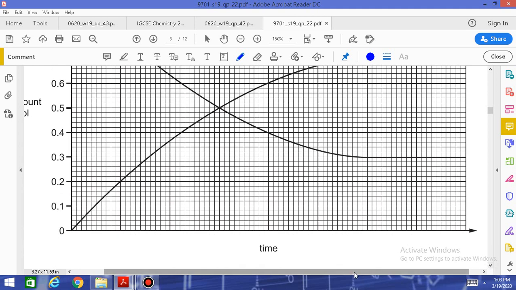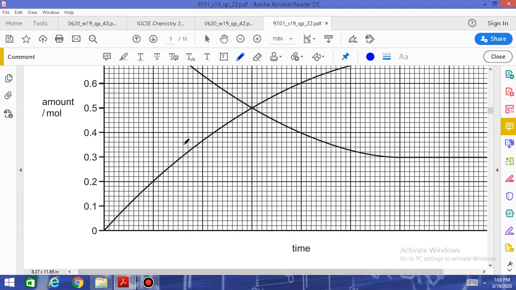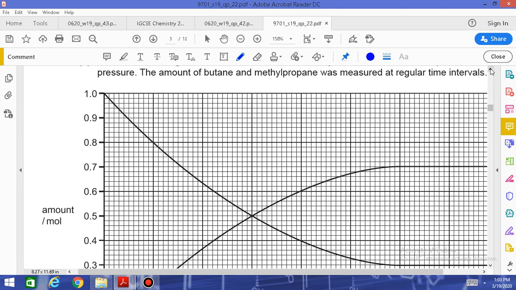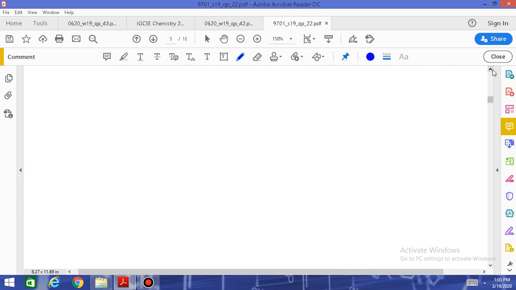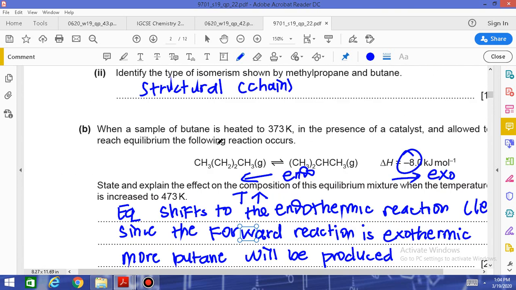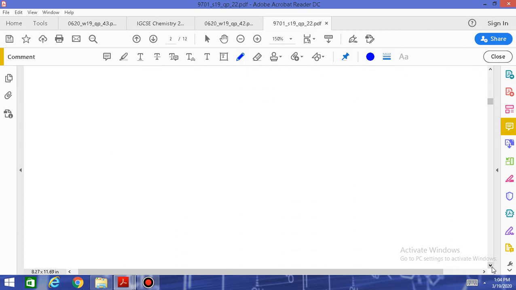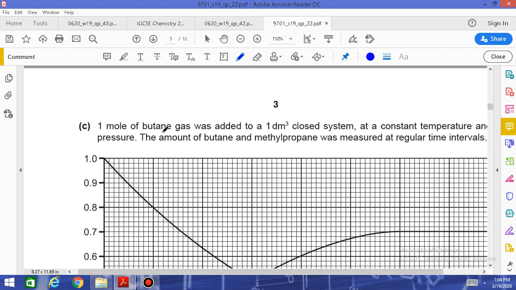So there is a graph, time versus amount in mole. Remember, generally the reactant decreases and the product increases. 1 mole of butane gas was added, so this graph is for butane.